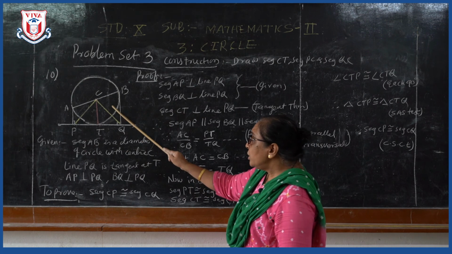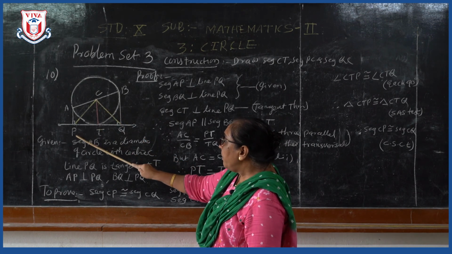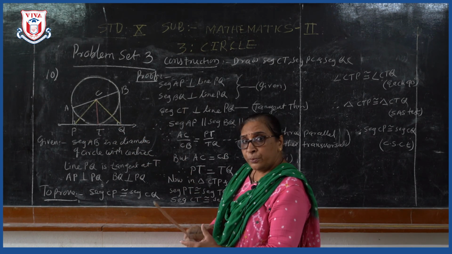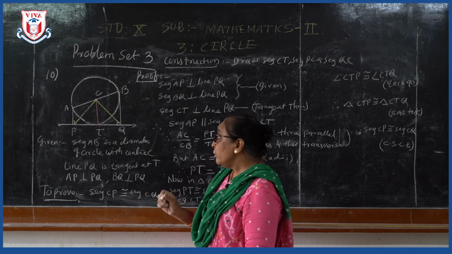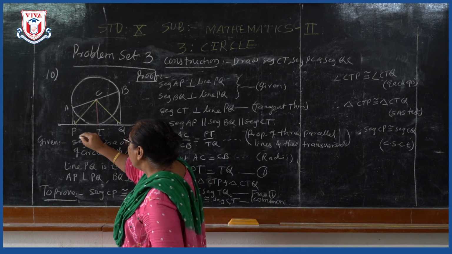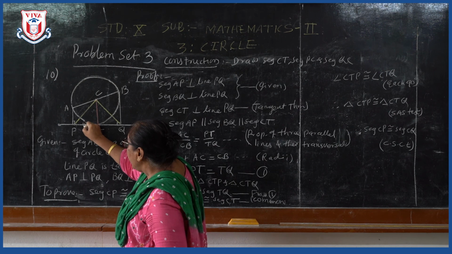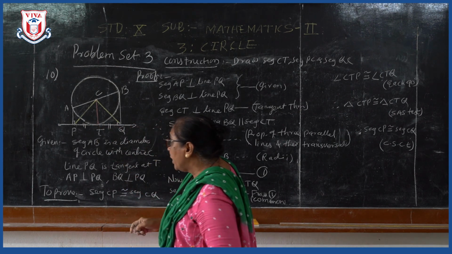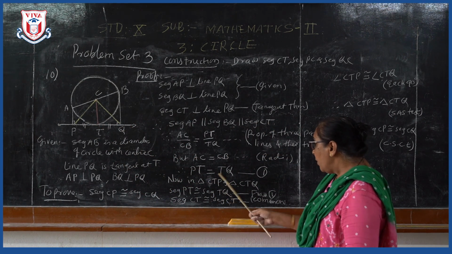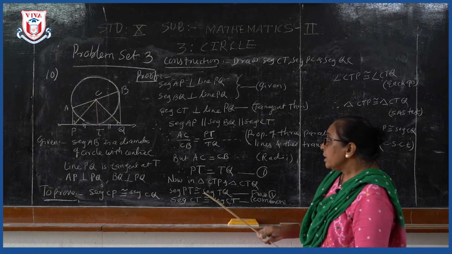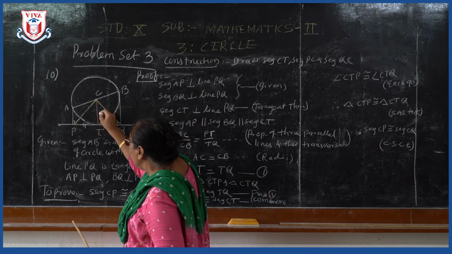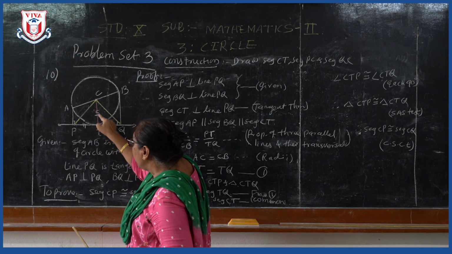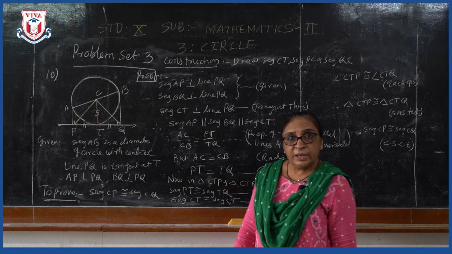Now consider these two triangles CTP and CTQ. In these two triangles, we have proved that segment PT is congruent to segment TQ from the first one. Then segment CT is the common side, so CT is congruent to CT.